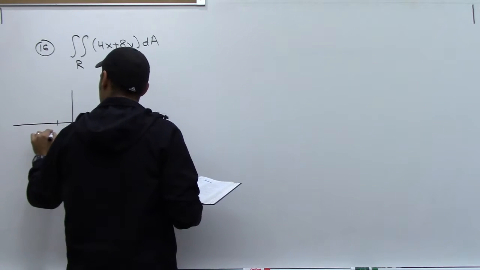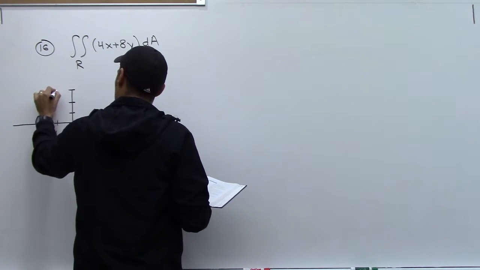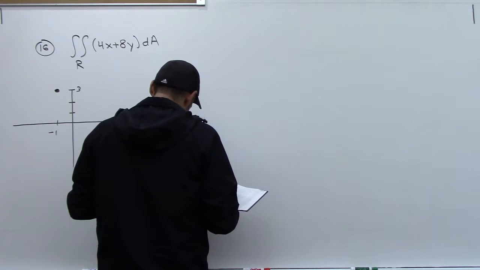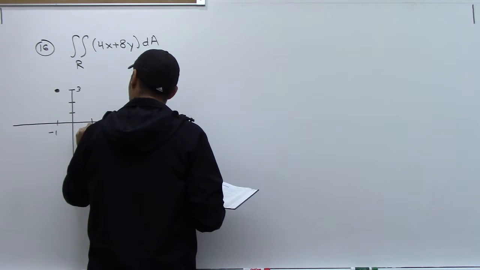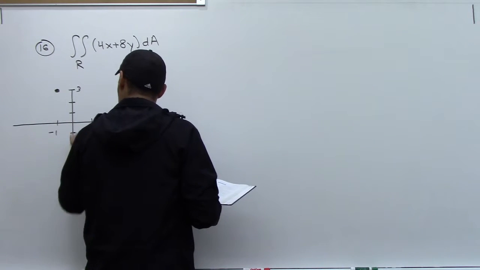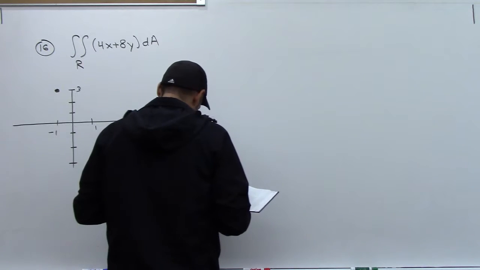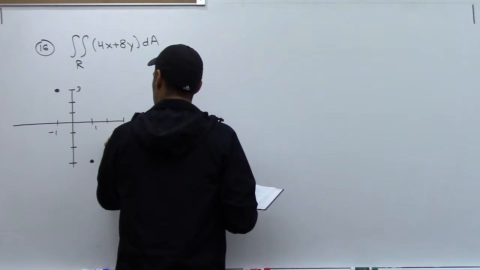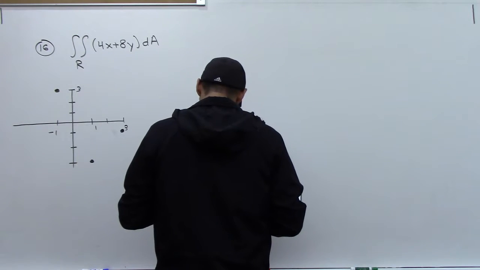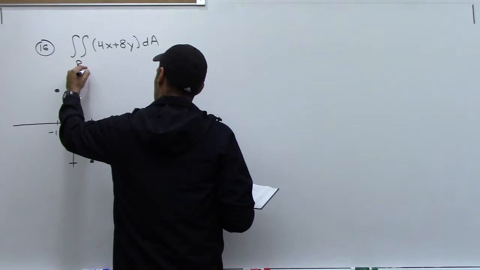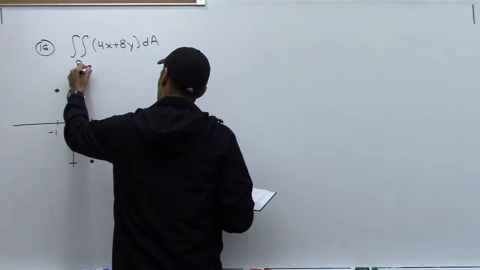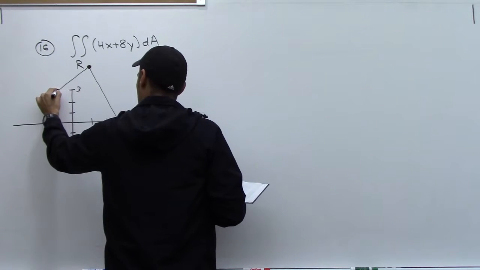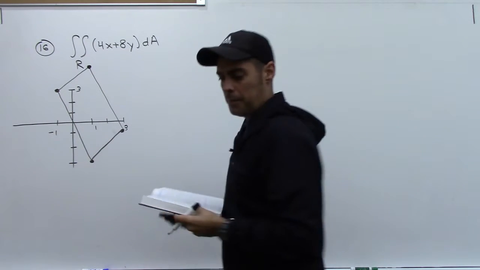Negative 1, 3, there. 1, negative 3, here. 3, negative 1, here. And 1, 5, which is up here. There we go.